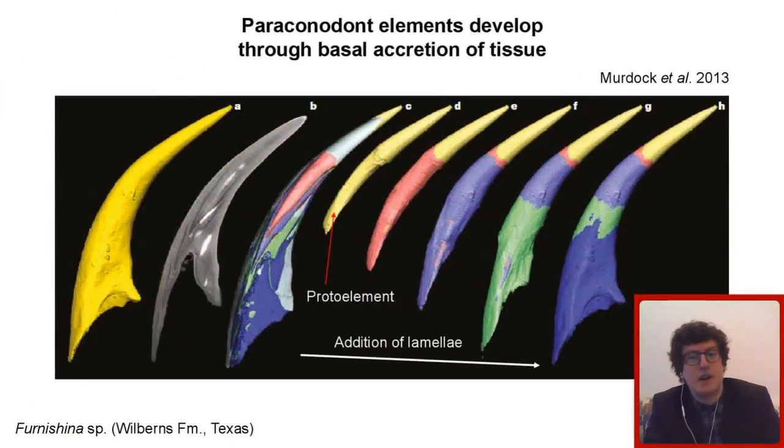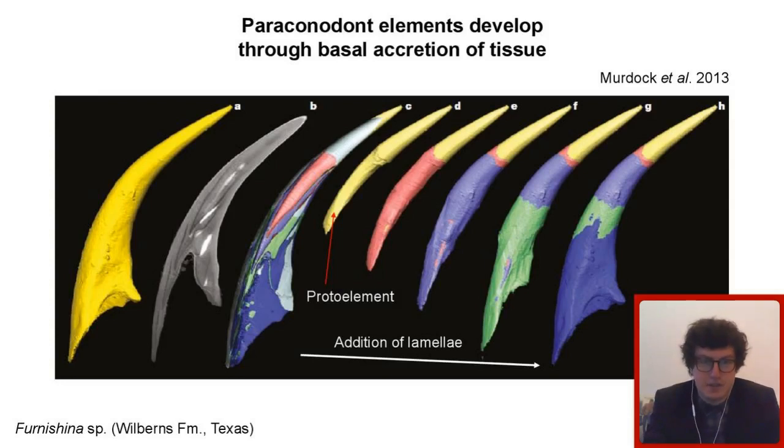So if we want to identify ontogeny within these elements, first we need a bit of an appreciation of how paraconodonts grow and develop. So using this figure from Murdock et al. as an example, we can see the growth and development of an element of Furnishina using synchrotron data.